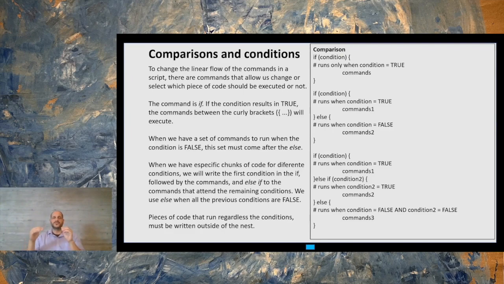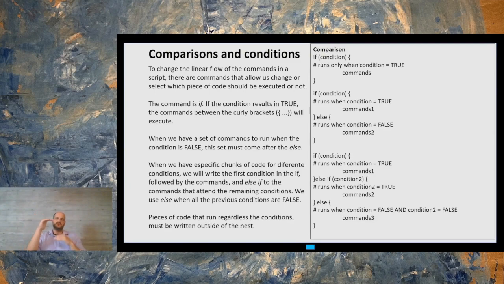my condition is not satisfied, I get a false response on this second condition, I can have an else. What will the else do? It will run when none of the conditions before it are true. So condition one is false, I go to else if. Condition two is false, I go to the else.